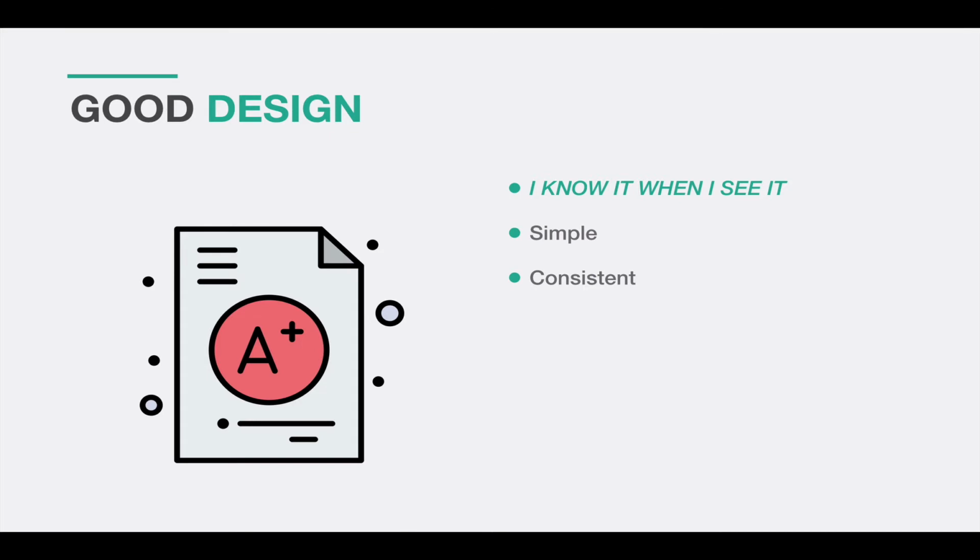Consistent. You want to remain consistent. You want to maintain your colors, your fonts, and your layout consistently, both within a page and across pages. Okay, so you want to remain consistent. Of course, websites are all about content. Content is king. Most of your content will be in the form of text.